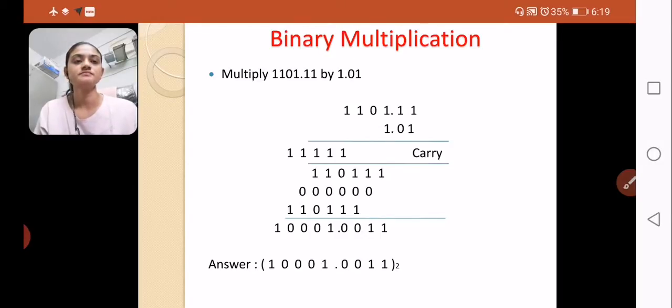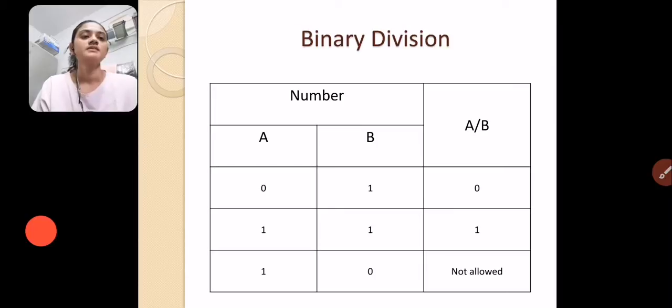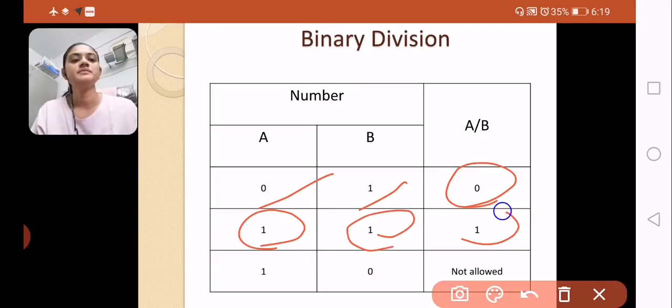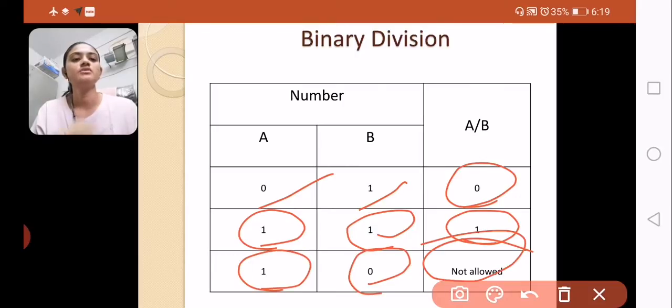Okay, now let us study the last operation, that is binary division. So in binary division, if we divide 0 by 1, it is 0, 1 divided by 1 will be 1, and 1 divided by 0 is not allowed.